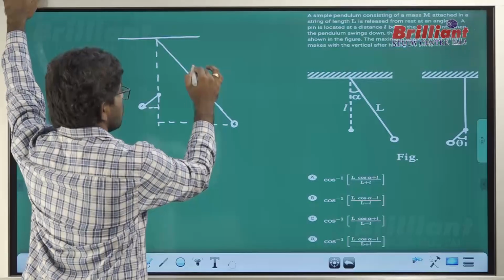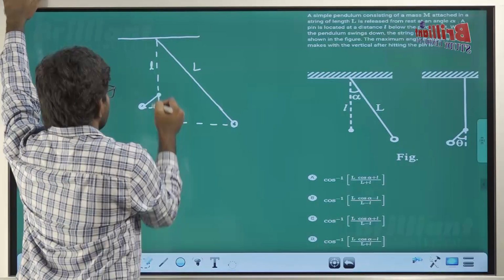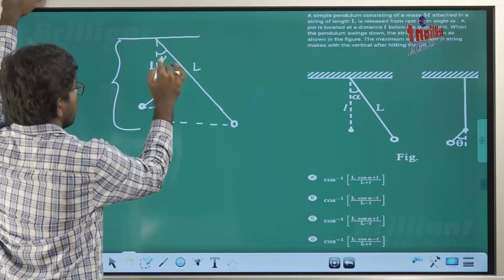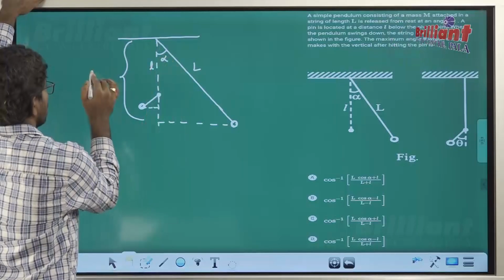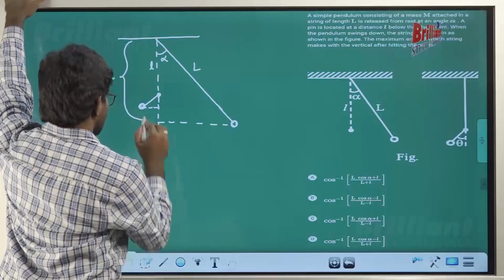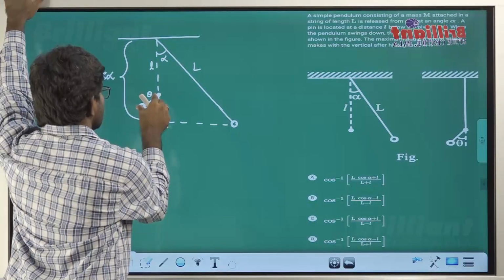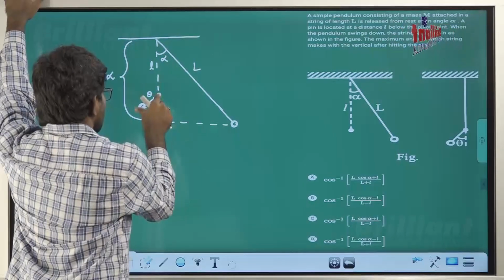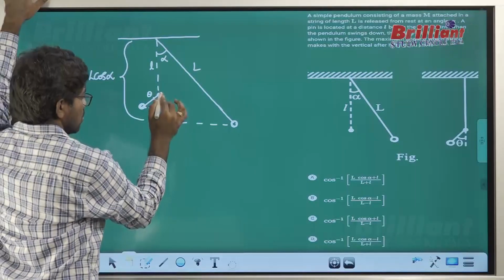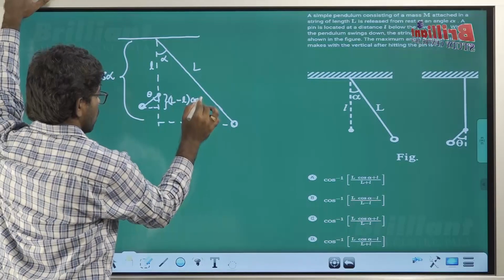Then this is L. This is L. Then what is this total thing, from here to here? This is your alpha, right? So L cos alpha. And then this is theta. So what is this length? This is L, so this will be L minus L, right? Then what is this thing? L minus L cos alpha, cos theta.